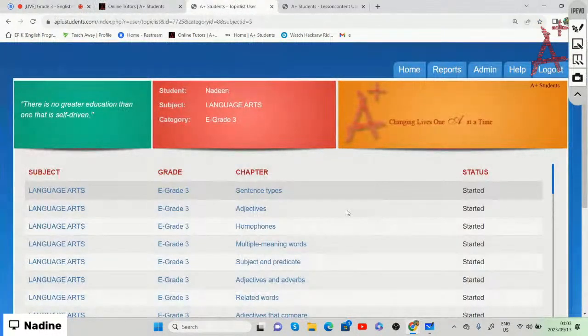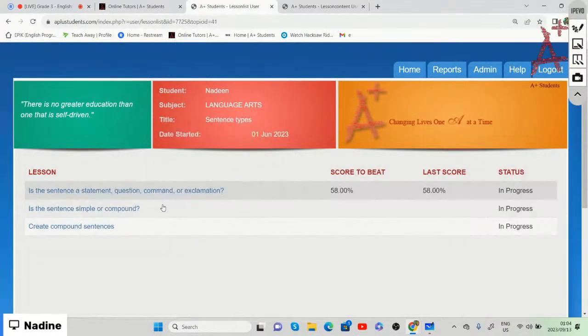Once we have selected our subjects, the chapter that we're going to be doing today is sentence types. So we're going to click on the chapter of sentence types.